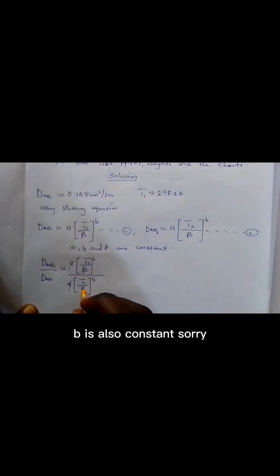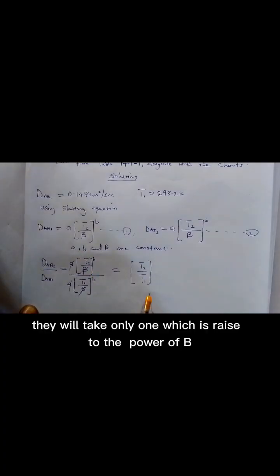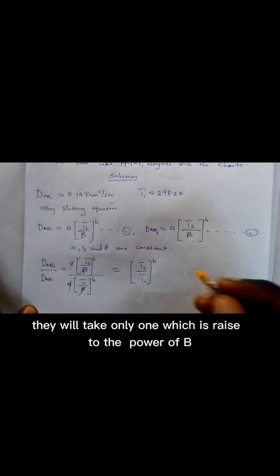Delta is also constant, so they will cancel out. What we'll be left with is T2 over T1, and since they have the same power, we take only one, raised to power B.